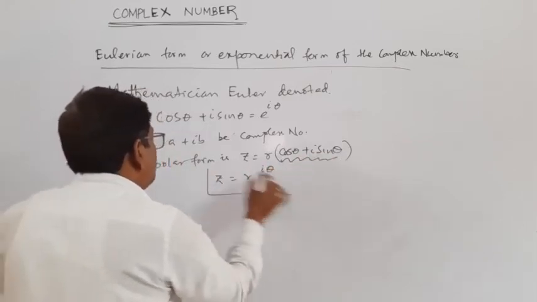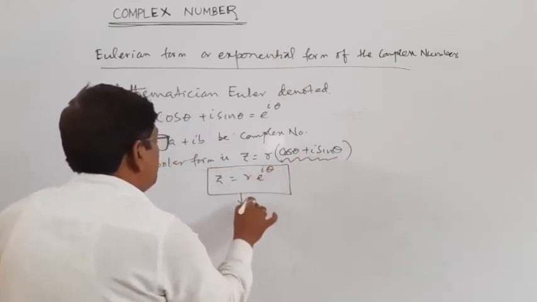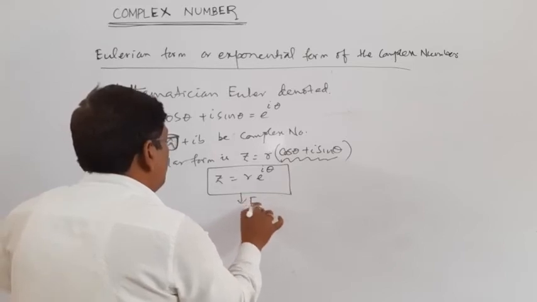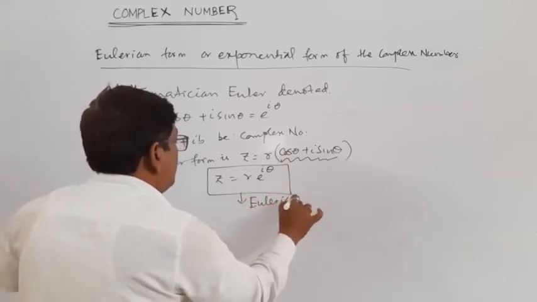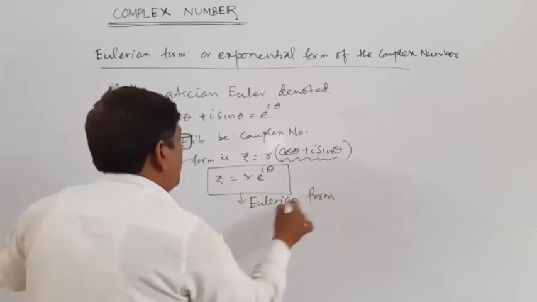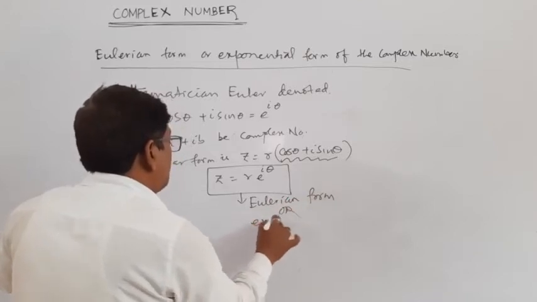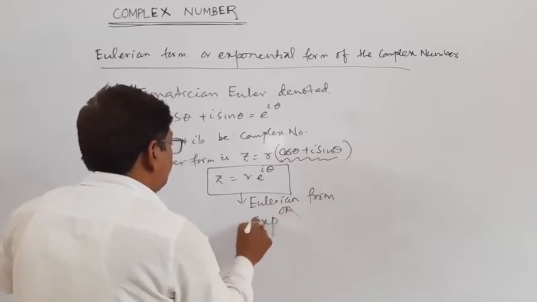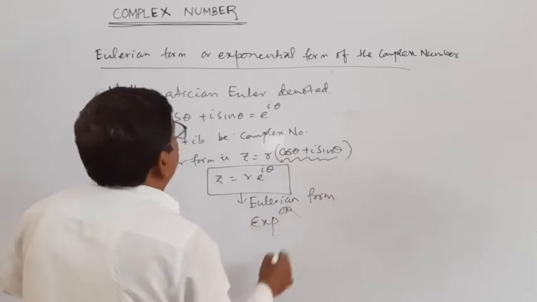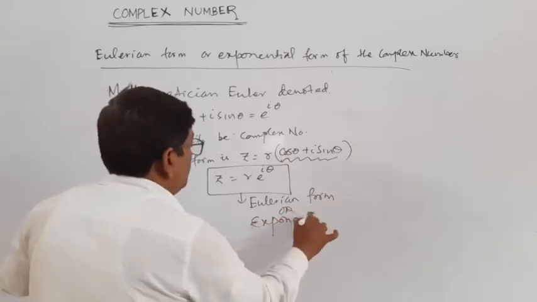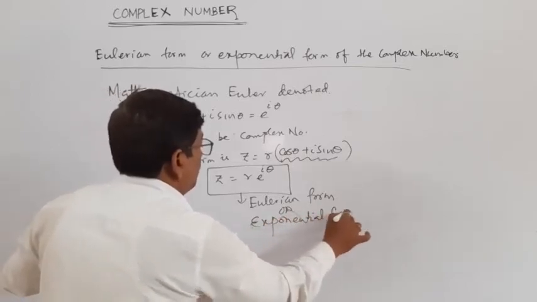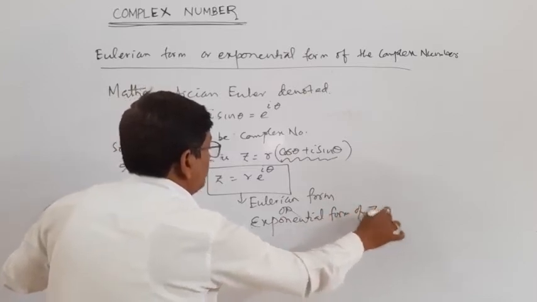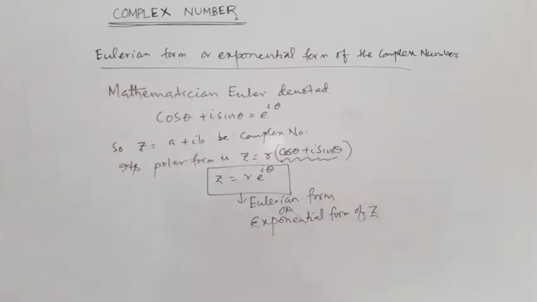This is called Eulerian form or exponential form of z.